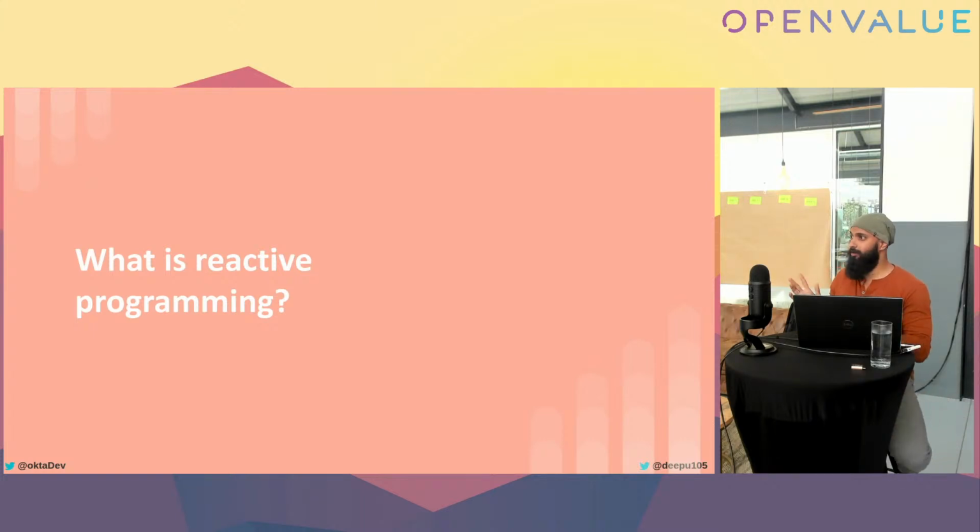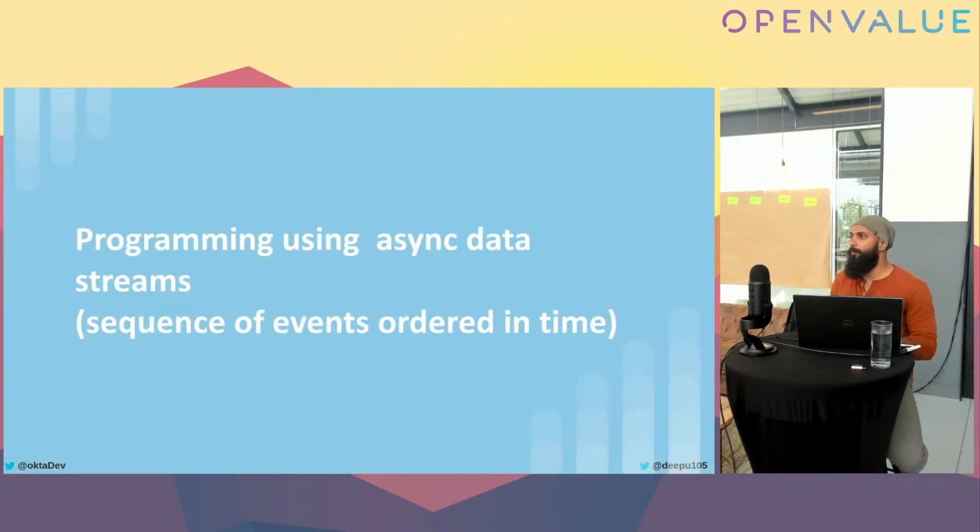So does everyone here know what reactive is? Otherwise I can just make that part short and go on, or maybe for the sake of people joining in, if somebody doesn't know. Reactive is nothing but handling huge streams of data, or handling asynchronous data streams, which are nothing but events sequenced in time.